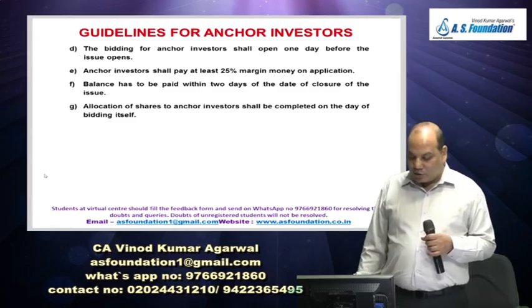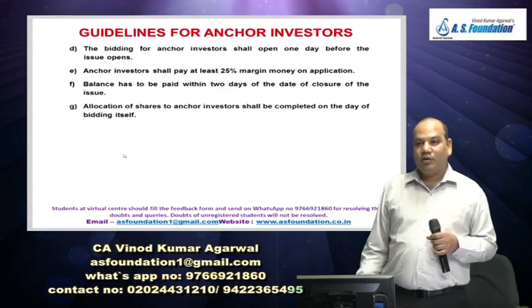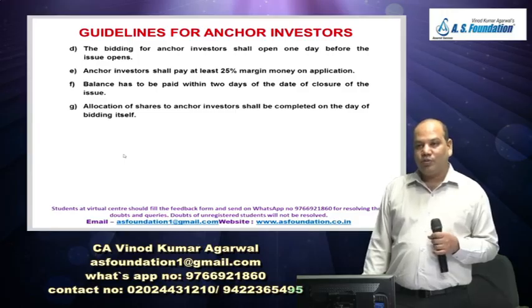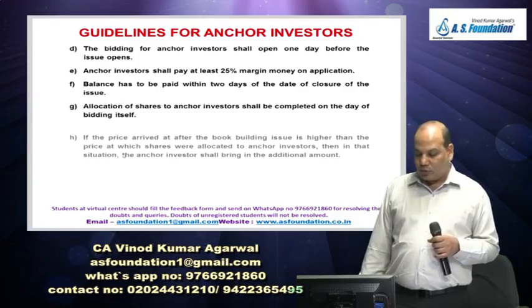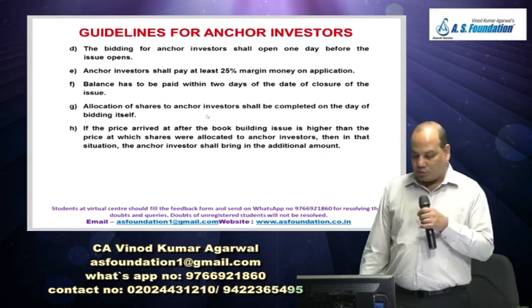Is it right? So allocation of shares to anchor investors shall be completed on the date of bidding itself. Tick mark. The same day the shares will be issued to them. In 1 day the whole thing gets over, except that the remaining 75% payment will be collected 2 days after the closure of the issue.